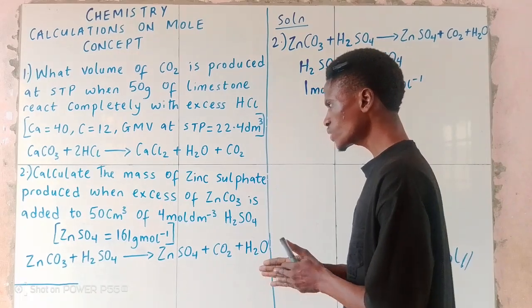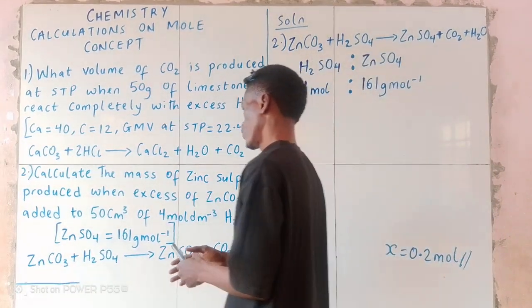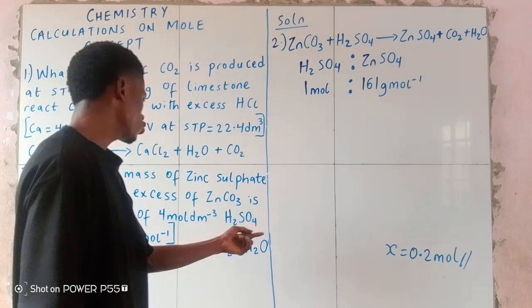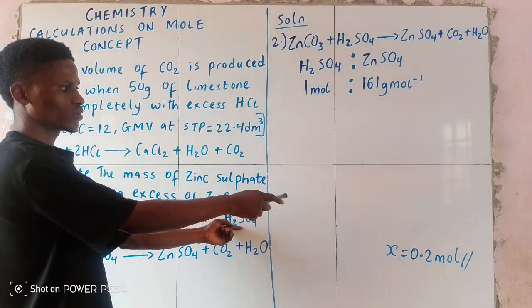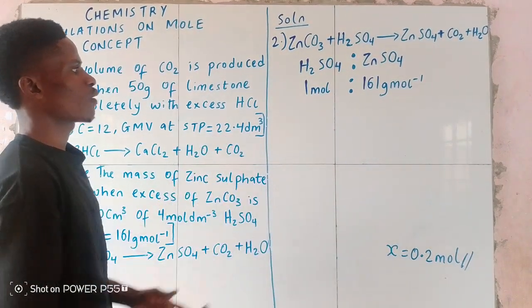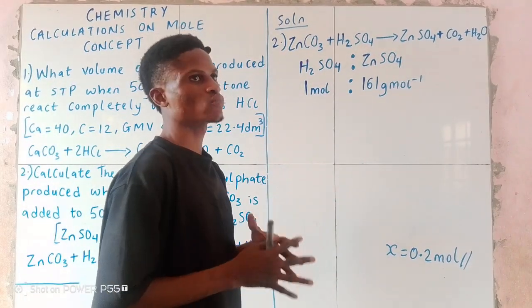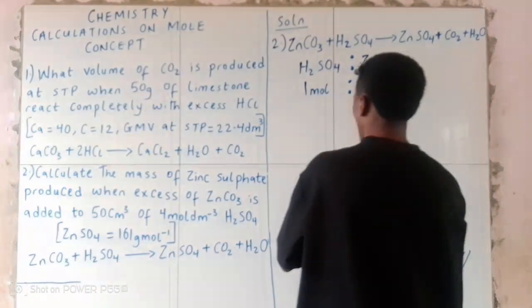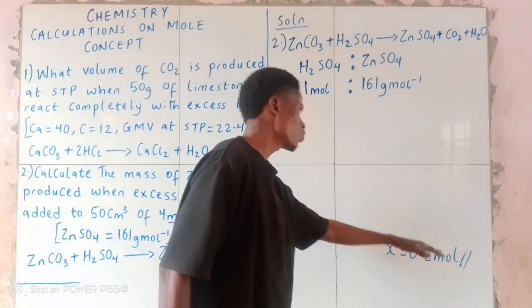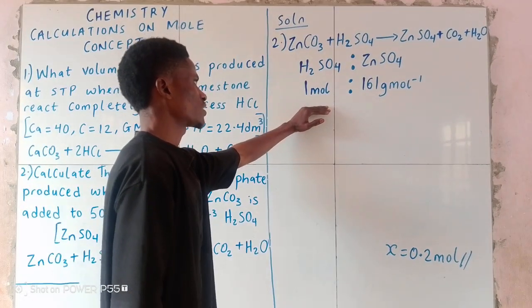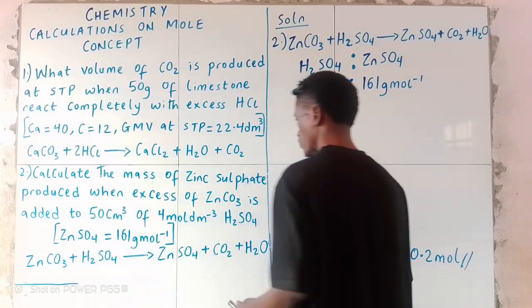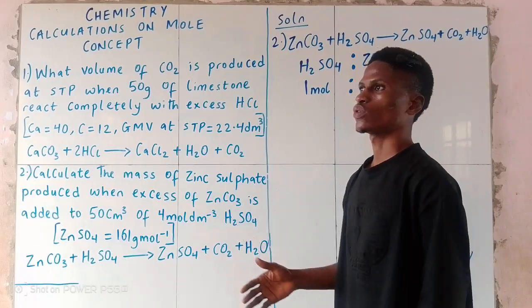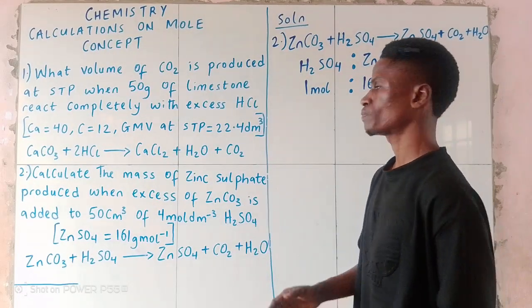Alright, so from my calculation, the parameter for H2SO4 is mole. So I will just leave this 1 mole as 1 mole. I'm not changing it because I'm going to use 0.2 mole as my representation over here, because the question is expressing H2SO4 in mole, not mass and not volume.